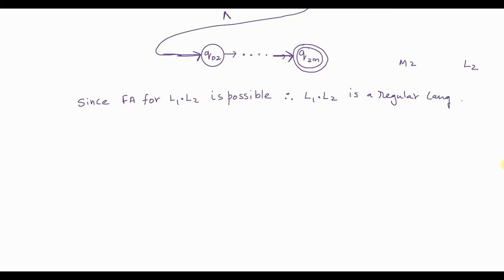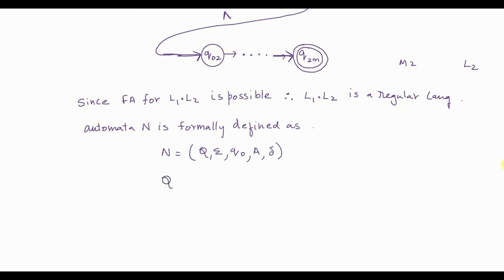Okay, and automata N is formally defined as N equals (Q, Sigma, Q naught, A, delta), where Q happens to be Q1 union Q2, where Q1 is the set of states of machine M1 and Q2 is the set of states of machine M2.